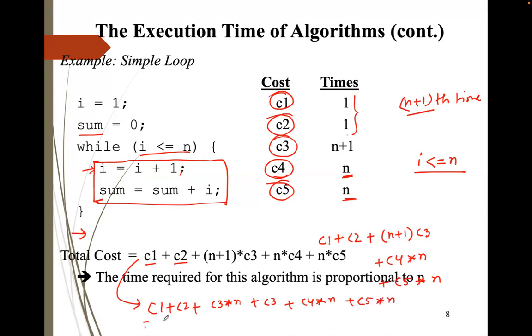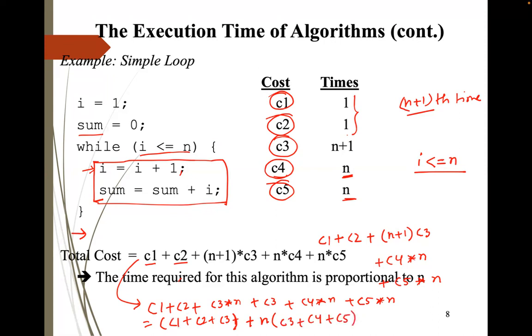Now, as C1, C2, C3, C4, C5 are all constant, and if we add multiple constant values they are still constant, we can express it like this: C1 plus C2 plus C3, then n times C3 plus C4 plus C5.